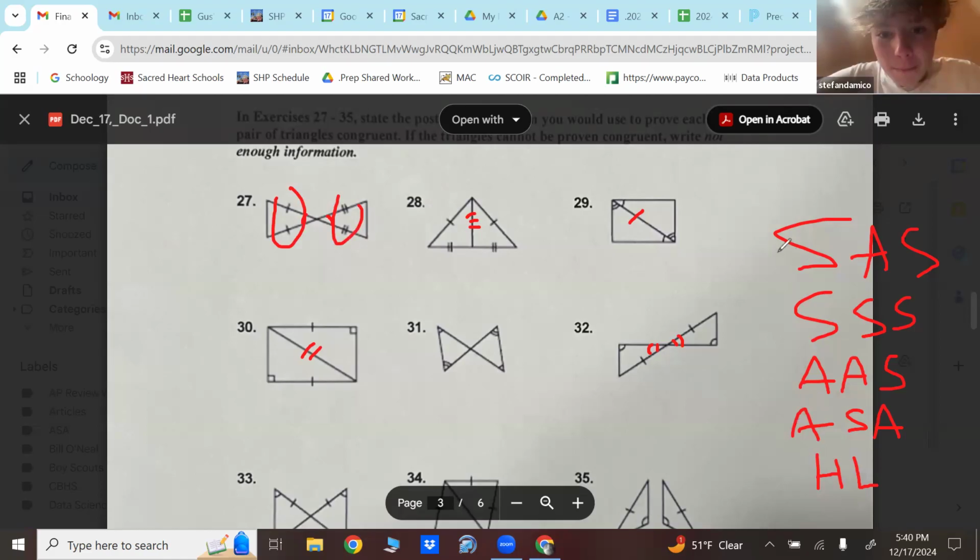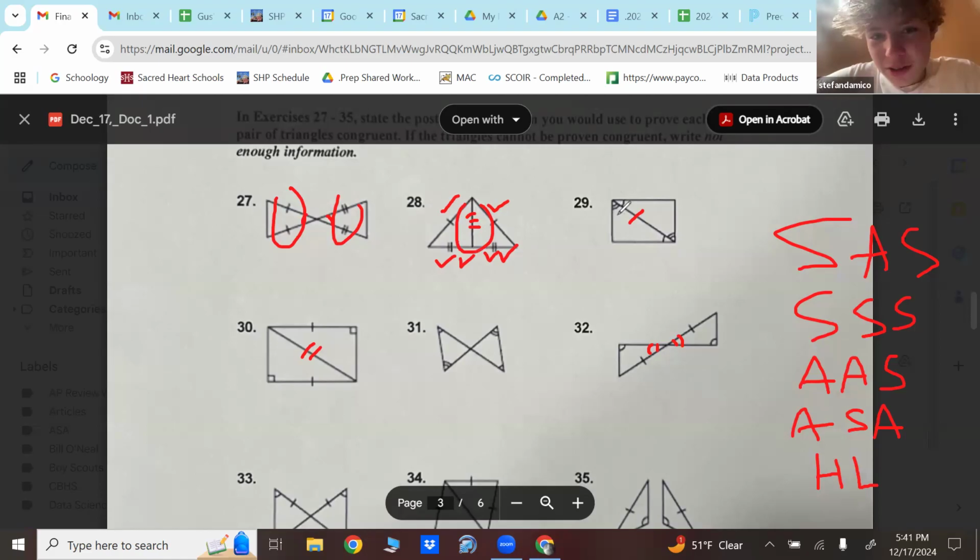Side angle side, angle side angle, or hypotenuse leg theorem. Well, don't guess. What do we know? One pair of sides are the same, another pair of sides are also the same, and they also share this side. So nothing with angles, all just sides. So it's SSS, side side side. Good.